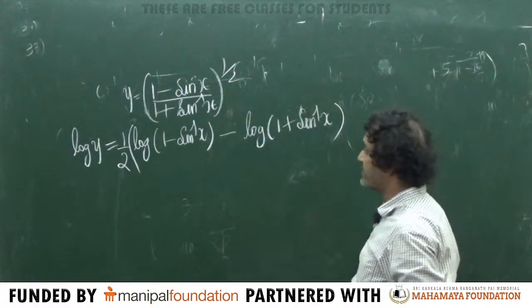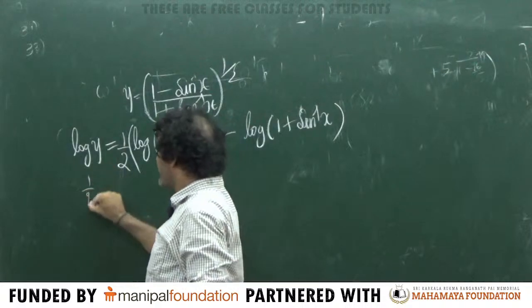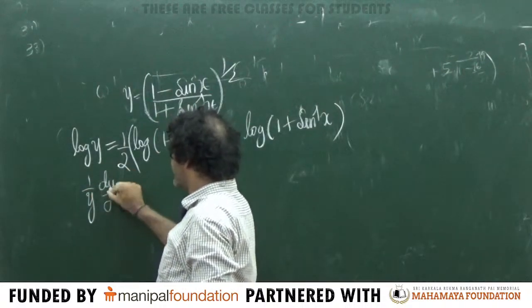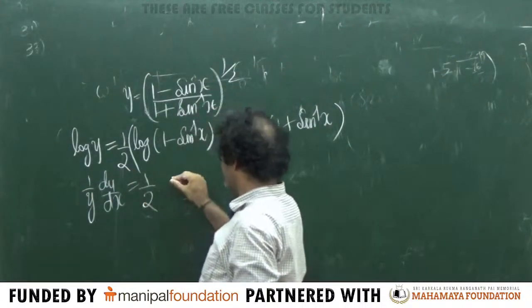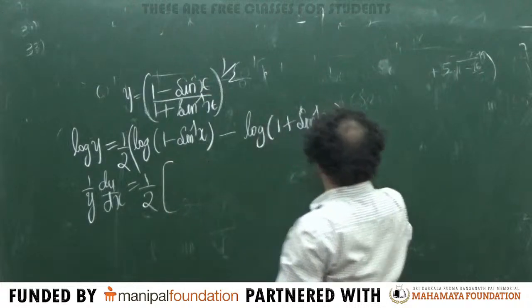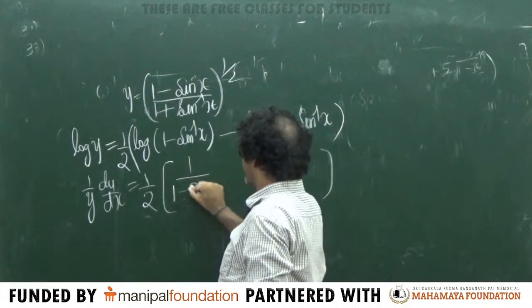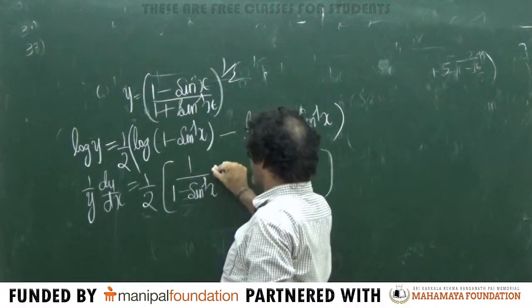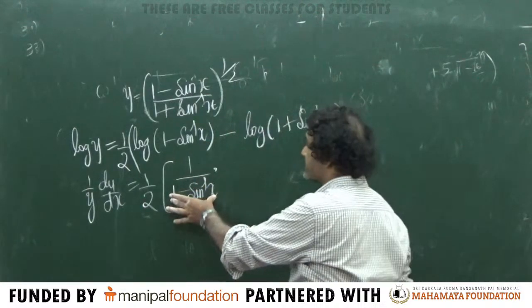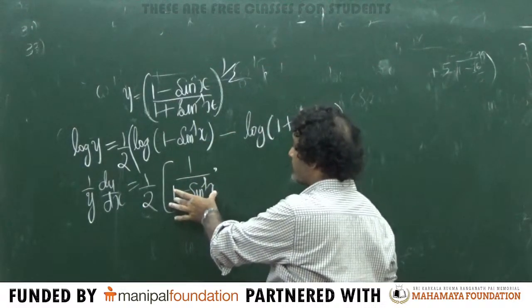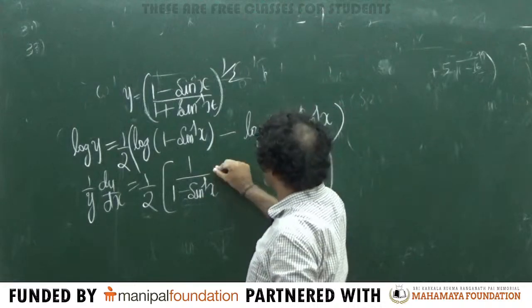Now simply differentiate. Isn't it 1 by y dy by dx equals 1 by 2? What's log x differentiation? 1 by x into what's differentiation of this? What will happen to differentiation of this?